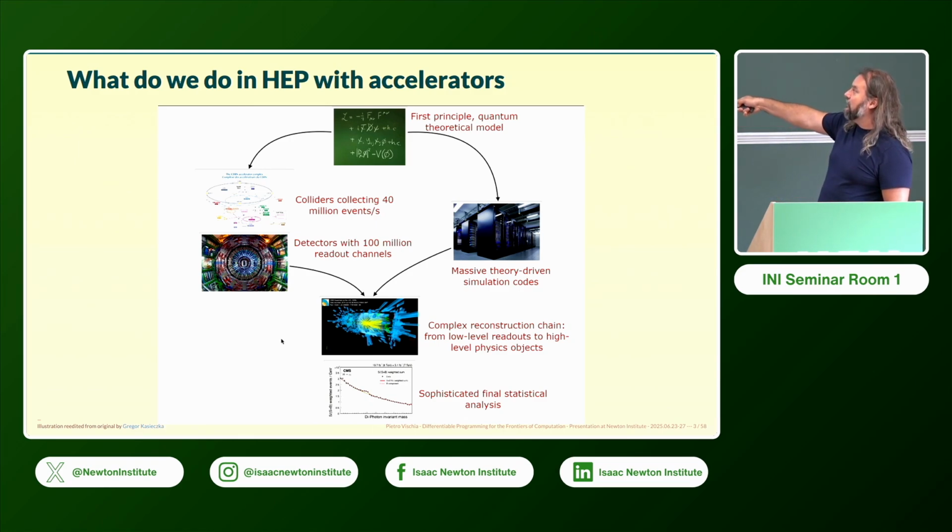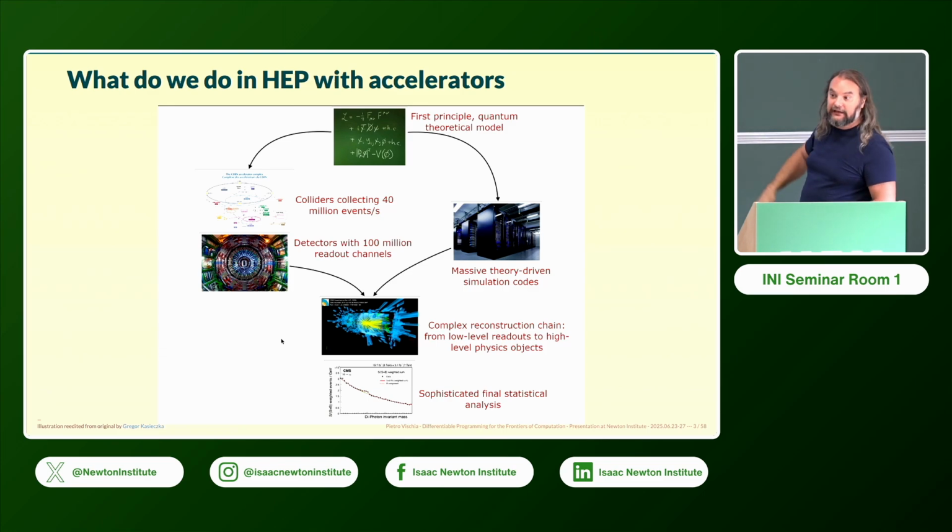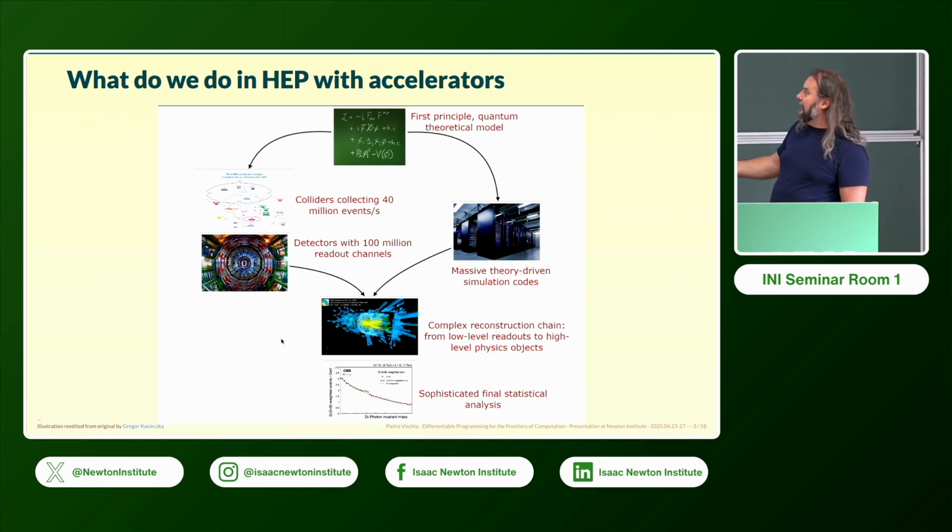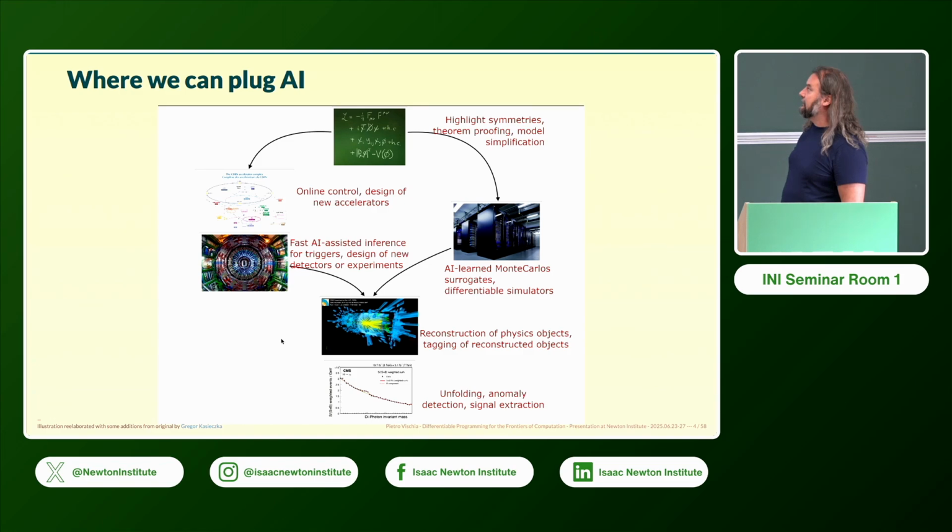And the simulation we need to match this is obscene. Then, of course, we reconstruct some higher level information. So instead of individual electronics readout, we say there is an electron, there is a proton, and so forth, until we arrive at a typically 1, 2, 3-dimensional summary statistic.